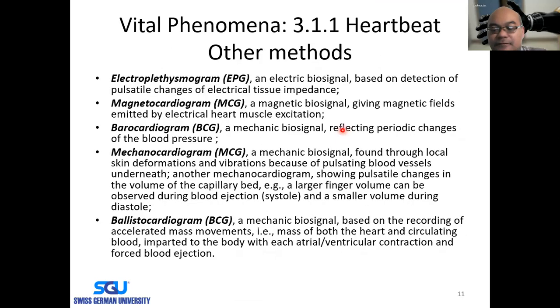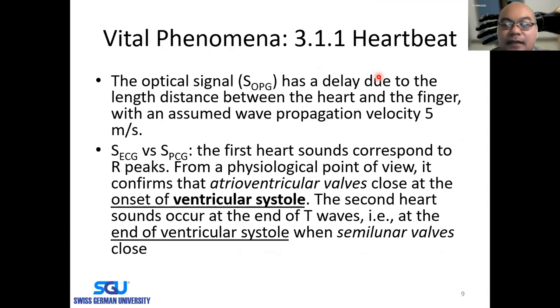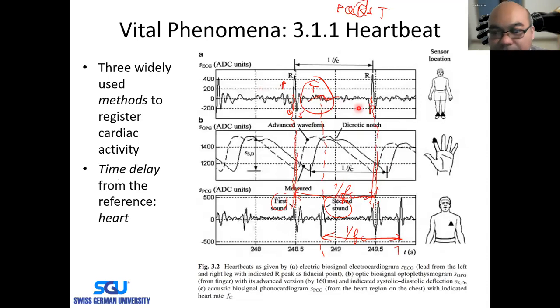You see that from these three different biosignals, the ECG electrocardiogram, the optoplethysmogram, and the PCG phonocardiogram, by comparing these three we can obtain various information about the actual physiological phenomena at different positions within the three waveforms.